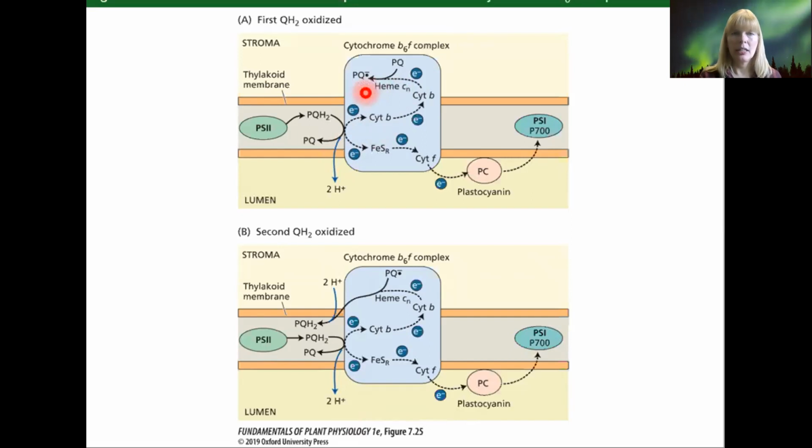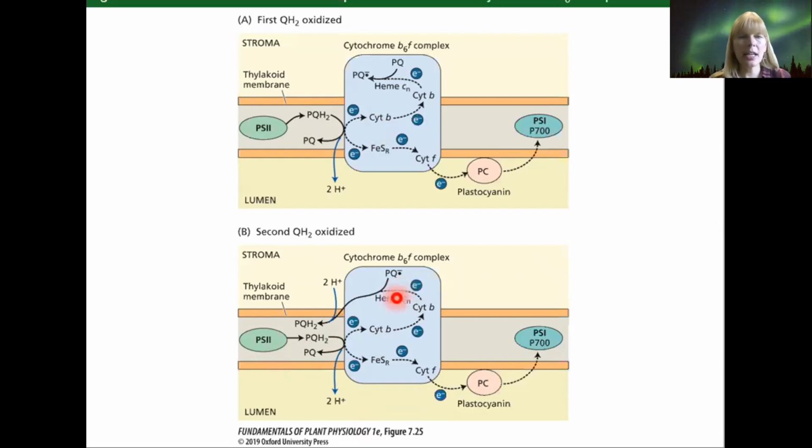It has 1 electron. We know plastoquinone is greedy for electrons. That's not enough. We need 1 more. So you have to imagine all of this happening all over again, all the way back to photosystem 2 getting hit with light energy, so that we can get another plastohydroquinone coming along to that same cytochrome B6F, and again donating 2 electrons. 1 goes linear and 1 enters into the Q cycle, which means it goes to the first cytochrome B, the second cytochrome B, and then that semi-reduced quinone gets its second electron.